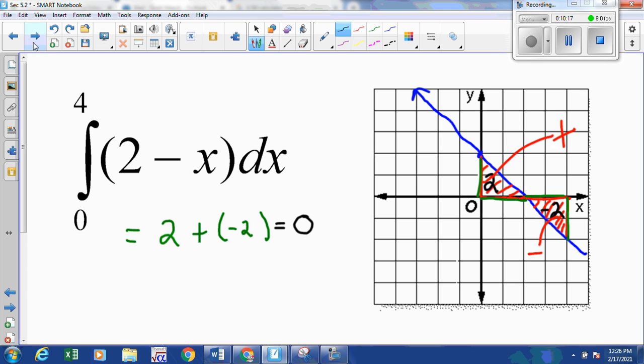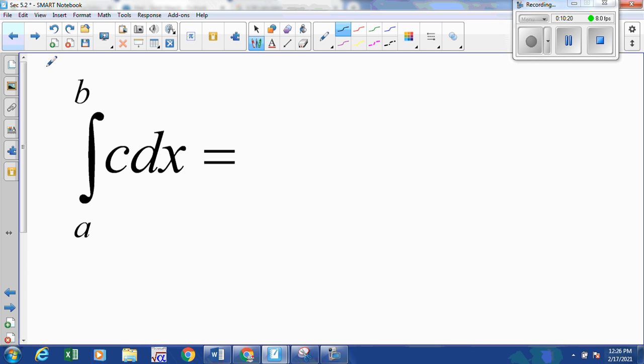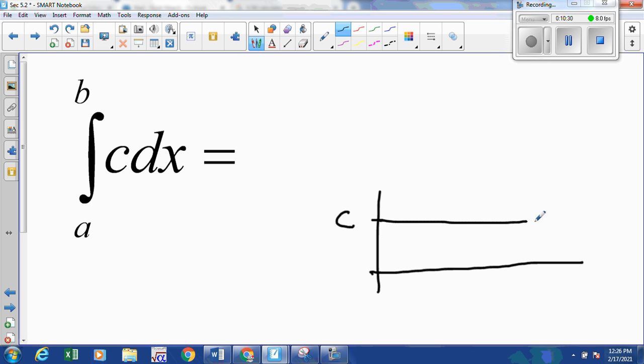Now, here's an example of one we want to figure out the formula for when it's just C. So if we draw a picture to understand what's going on, here is C, just some constant value. And we want to find the integral from A to B. So if we draw this, this basically becomes a rectangle.